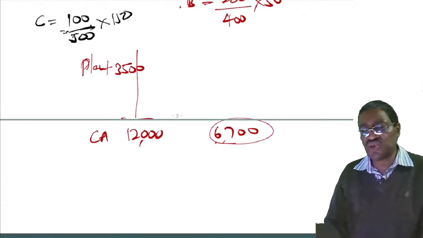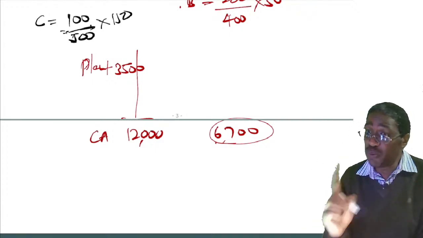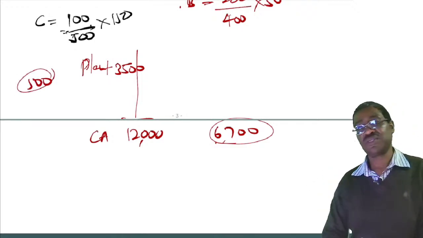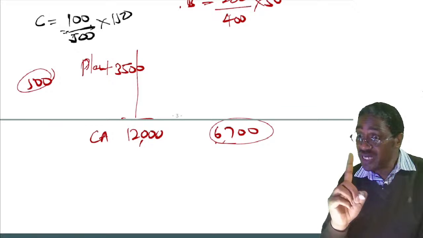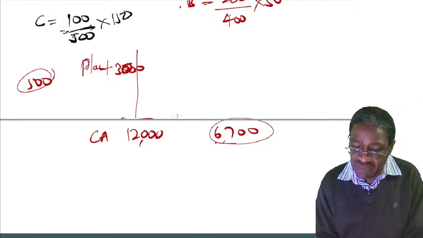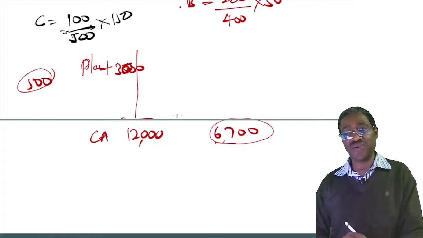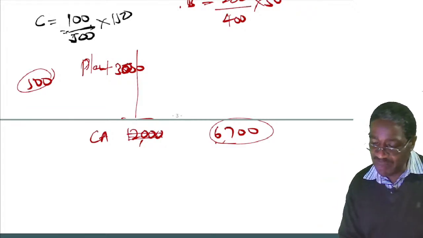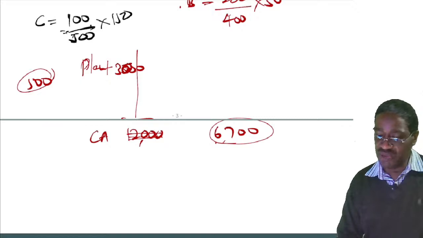It's already destroyed. It's not an asset anymore. So out of 3.5 million, remove the 500. So you will remain with only the asset to suffer or to be impaired, 3 million. Are you there? Meaning now, I now get the new carrying amount after removing to be 11 point what?